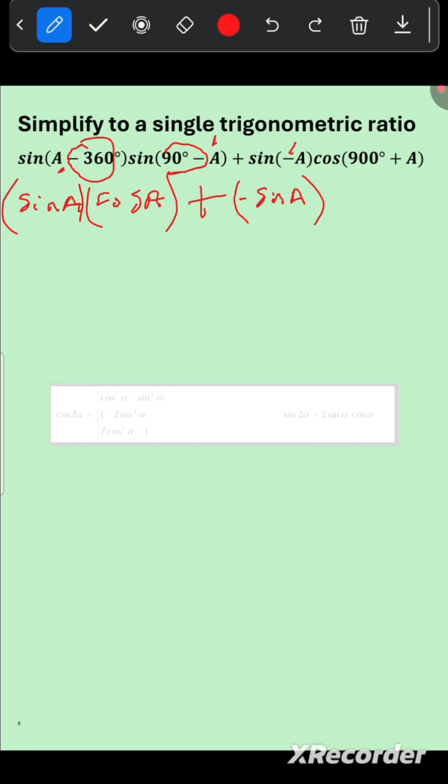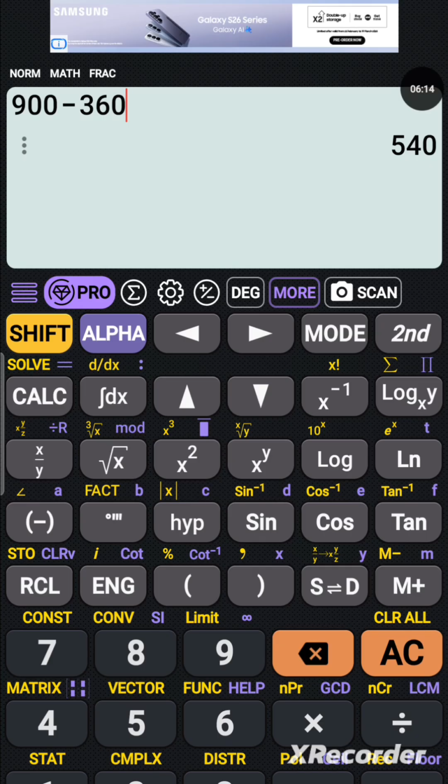Then this 900, you cannot drop it immediately because it's an angle greater than 360. So for an angle greater than 360, you must subtract 360 from it. So 900 minus 360, you subtract until you get either 180, 360 or 90, the ones that we said we are dropping. So I subtract 360, then subtract 360 again, I get 180.